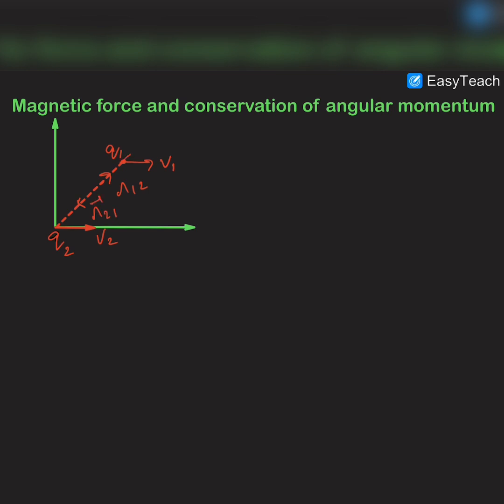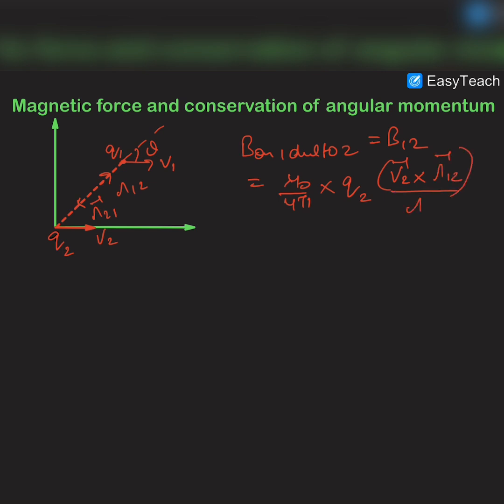Obviously, if this angle is theta, then the magnetic field on 1 due to 2, let's suppose B12, will be equal to mu naught by 4 pi, Q2, and the velocity of Q2 is V2 cross R12, divided by R cube, where R21 and R12 are equal in magnitude and equal to R. So B12 will be mu naught Q2 by 4 pi R square, V2, and since the angle between V2 and R12 is theta, there will be a sine theta.